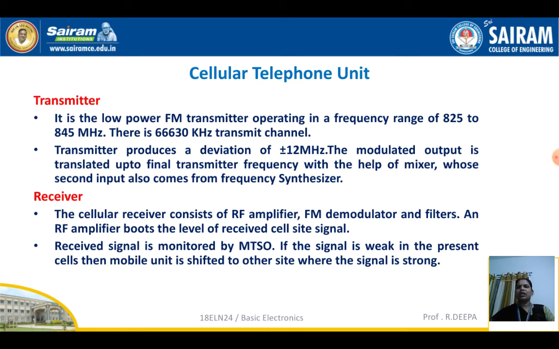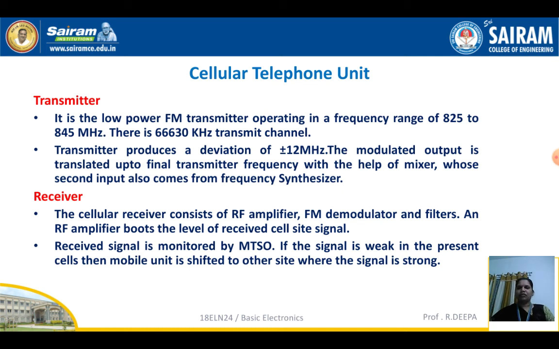Coming to the cellular receiver, it consists of an RF amplifier. Initially when the signals are received, they have to be amplified. Then there will be an FM demodulator which will demodulate the data from the high frequency carrier, and it has to be filtered from the noise signal. Later the data is fed to the receiver in order to listen to it.